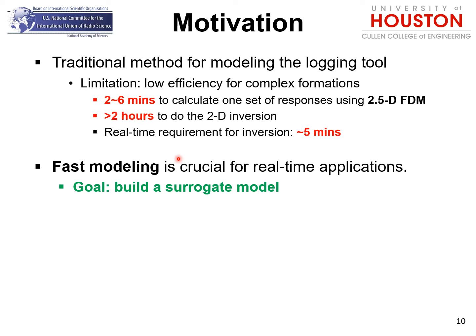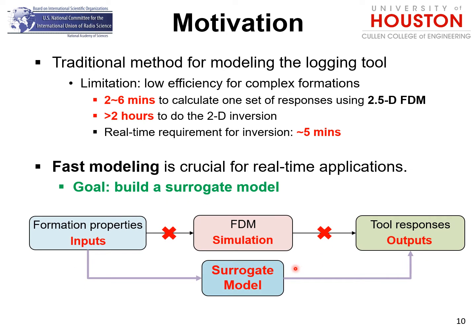So we propose a fast modeling paradigm which is based on a surrogate model. So you can see in this figure, when we have the formation property, we don't use it for the finite difference method. We just use the surrogate model to directly get the tool response. In this presentation, we use the deep neural network.